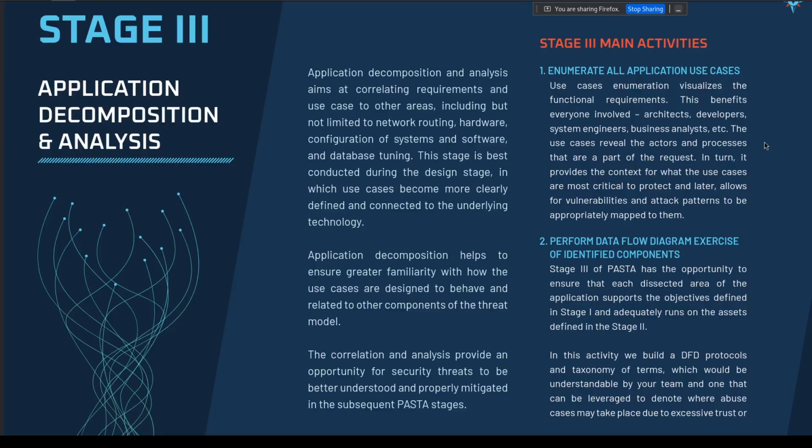And here there are totally three activities. The first one is about enumerating all the application use cases. It's basically like we may be talking to a quality assurance engineer or the developer or the tech lead in order to identify the functional use cases of the application. So what are all the components or the features that are present in the application?